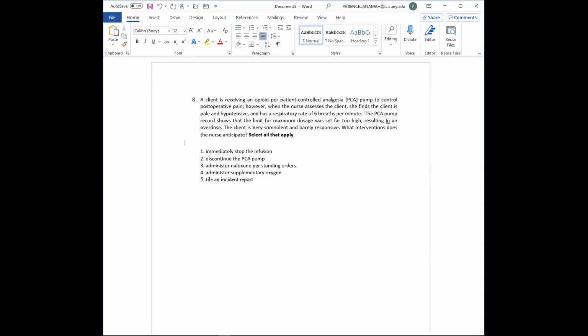The pump record shows that the limit for maximum dosage was set far too high, resulting in an overdose. The client is very somnolent and barely responsive. What intervention does the nurse anticipate?